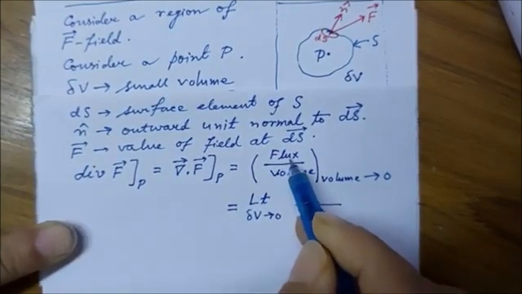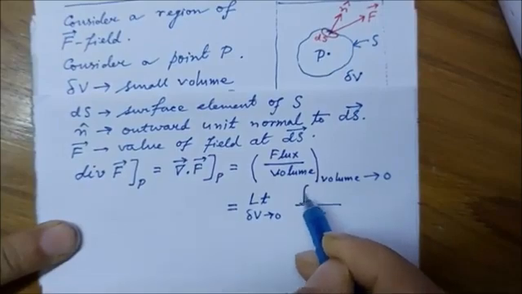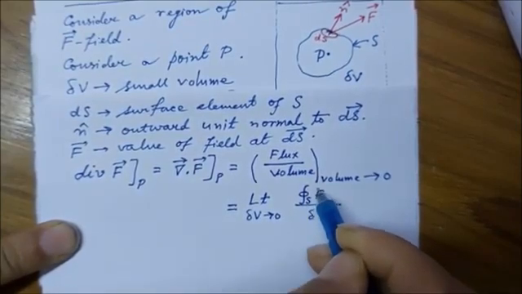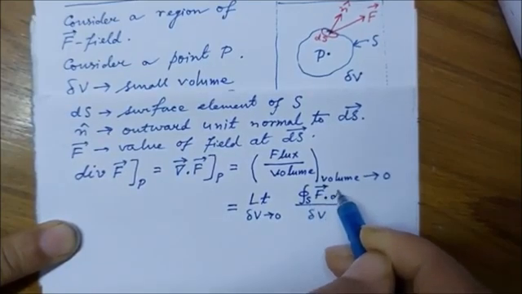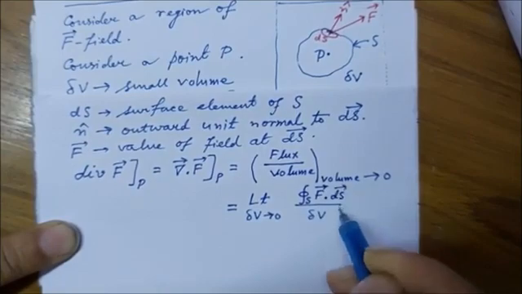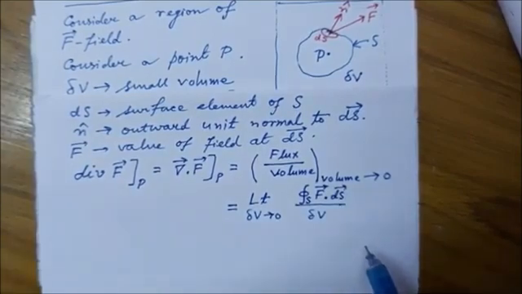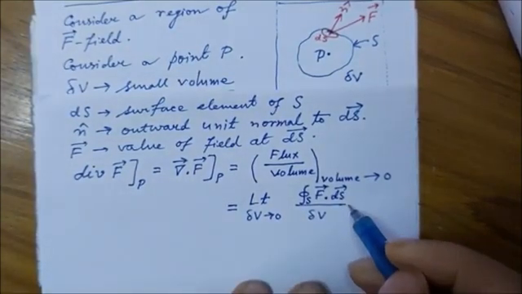Now we have to write down the flux, the outward flux of vector f across the surface S. Or if you want, you can write it in this way.